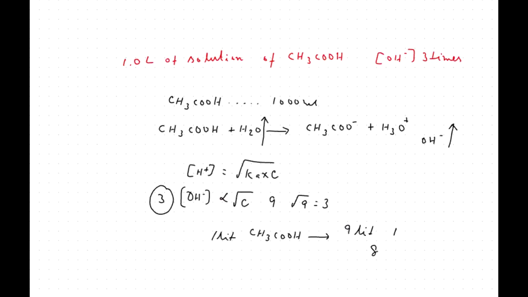So when you add 8 liters of water, you are diluting the 1 liter acetic acid solution into 9 liters. So the concentration becomes 1/9 and the square root of C, root 9, becomes 3. So the OH minus ion concentration increases thrice.